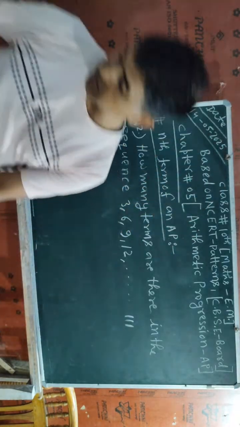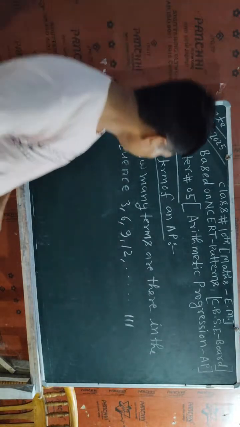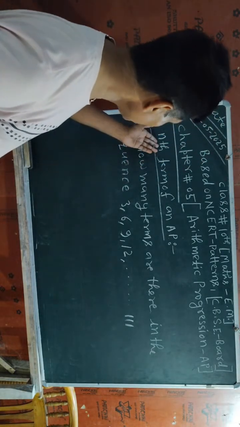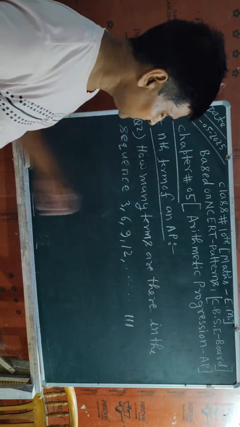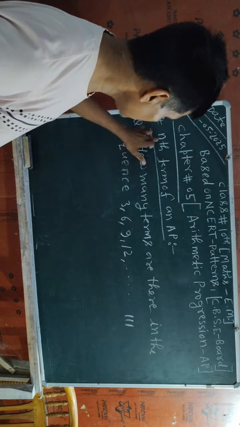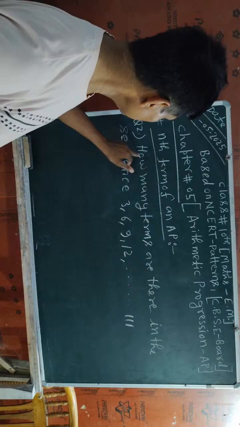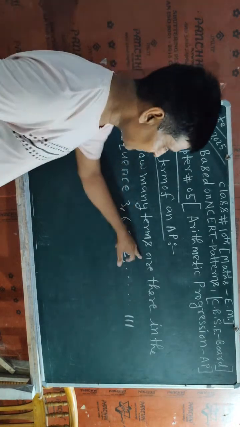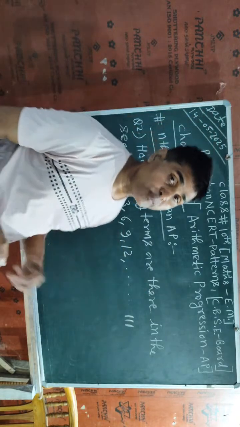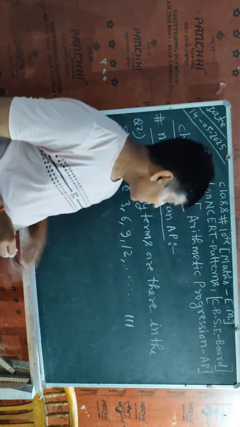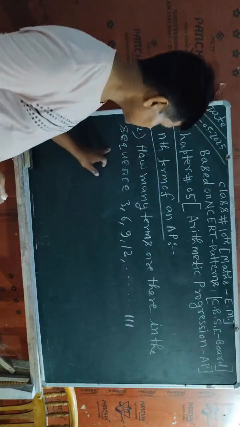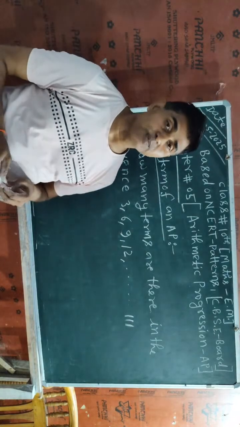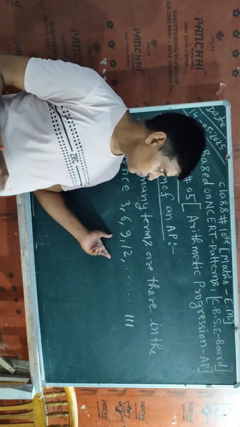In this question, it is very easy because we have to write the formula for the nth term. Here we have to get the value of n. The question asks how many terms are there, which means we have to get the value of n in the sequence. First of all, we have to examine the information of the sequence.